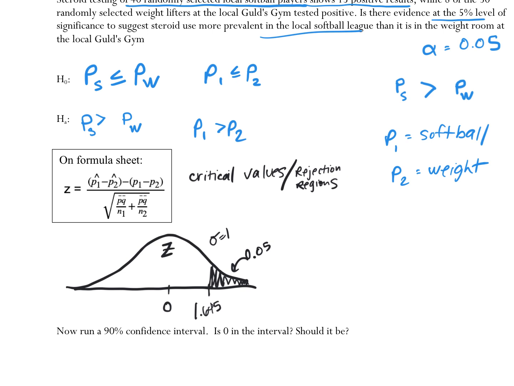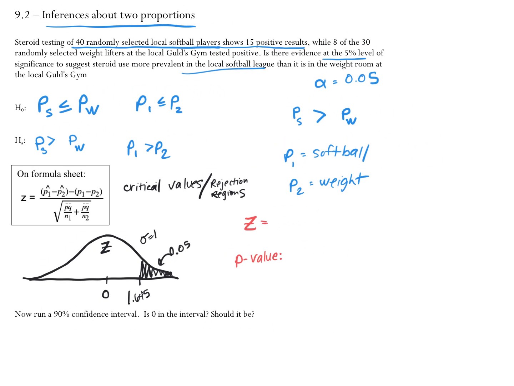Okay. The next thing we need to find is our test statistic and our p-value. We're going to get our test statistic and p-value from the shortcut menu in your calculator.